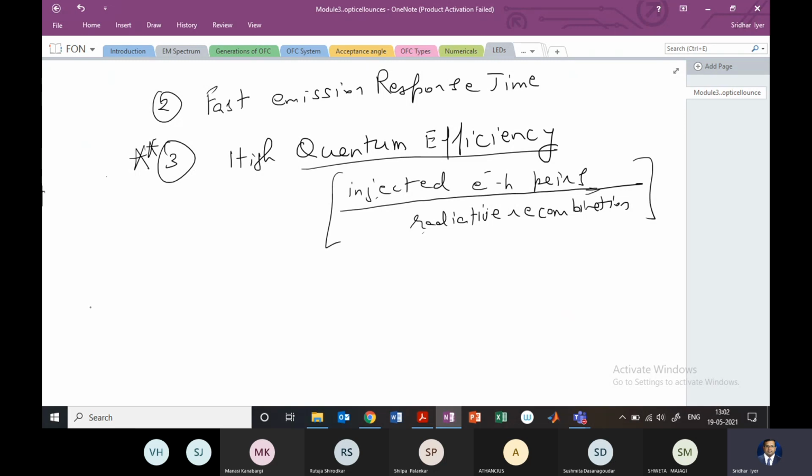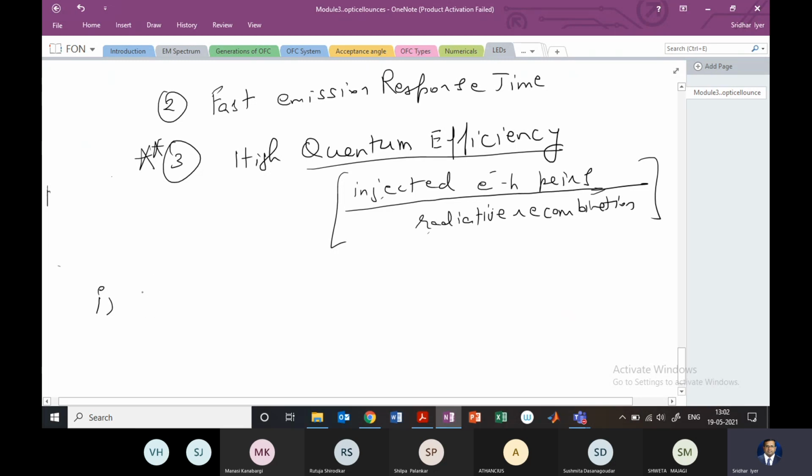Such a structure should be there when you are making the LED, so that the radiative output is very high. For this kind of output, we have structures which ensure what is known as carrier confinement.